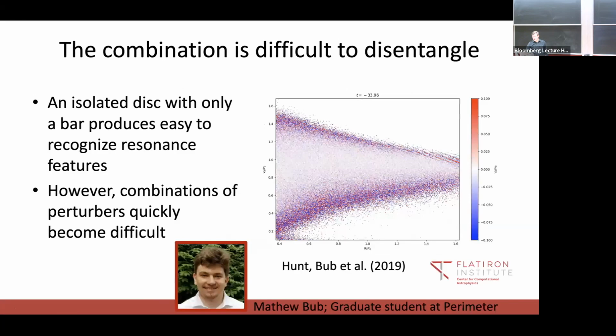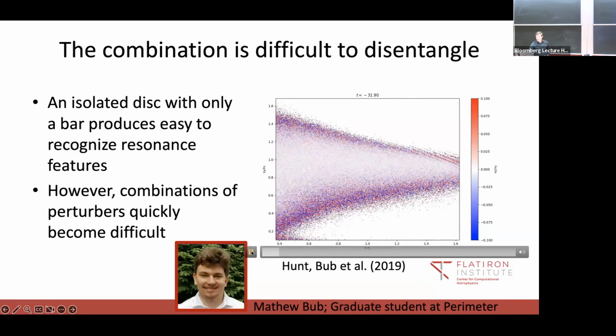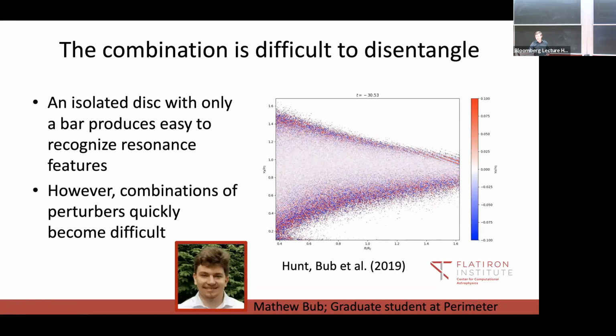And if you have just a bar and a smooth disk, so this is a test particle model run by Matthew Bub, who was an undergrad when he worked with me, now a grad student at Perimeter. An isolated disk, when we grow the bar here, so you start from this smooth distribution. This is what the galaxy would look like if absolutely nothing was going on.